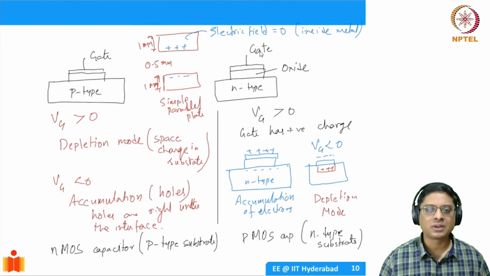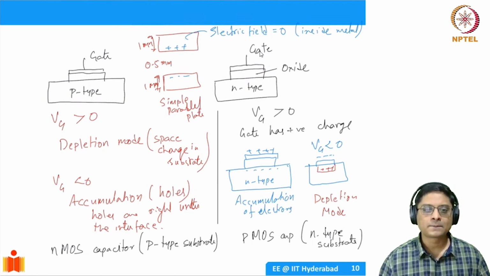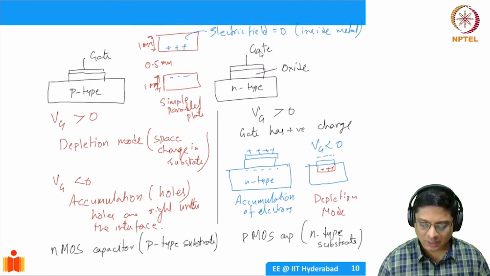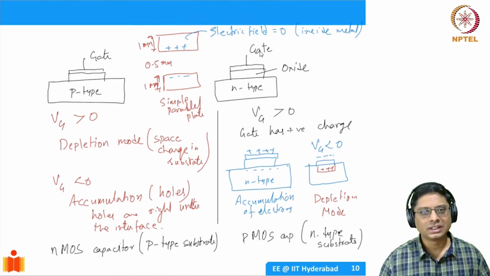For an NMOSCAP, sorry, if you apply a positive voltage in an NMOSCAP, you should get depletion. If you apply negative voltage, you get accumulation of holes. And if you have a PMOSCAP, if you apply a negative voltage, then you have depletion. If you apply a positive voltage, you get accumulation.